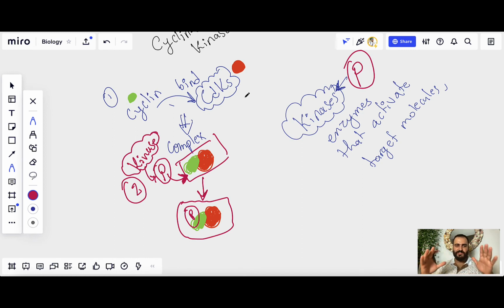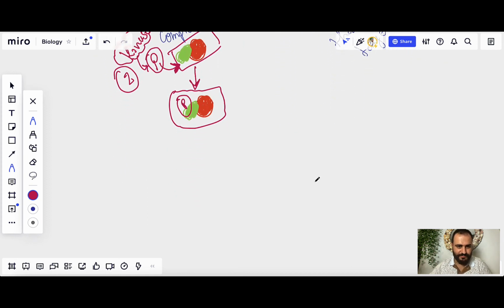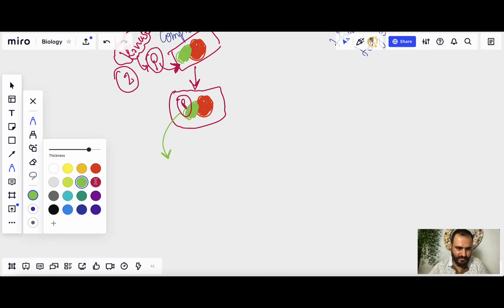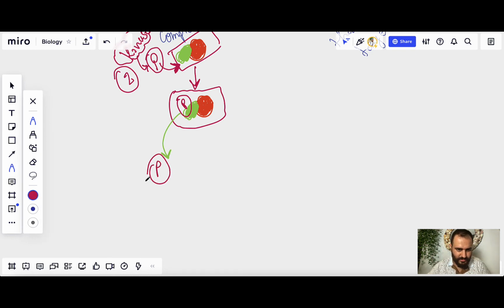What is the last step? The last step in this control mechanism is that this complex will donate its phosphate to a protein. We call it the target protein.